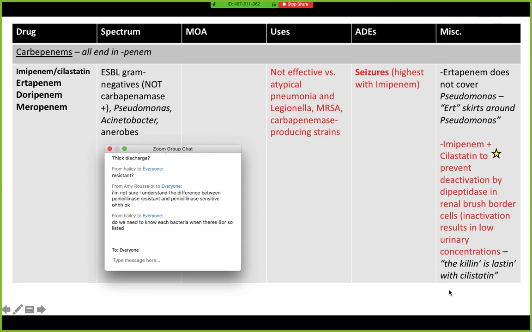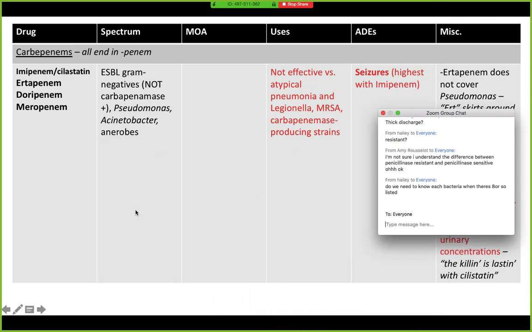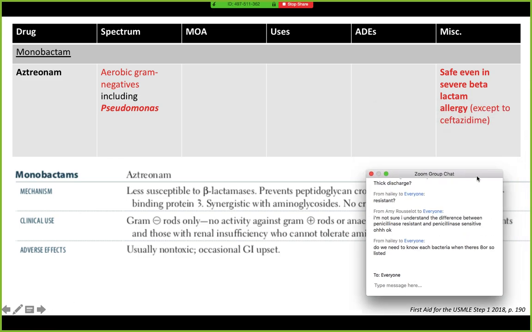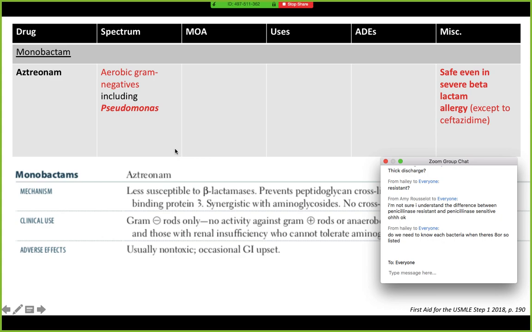A common way to remember this is that the kill in is elastin with cilastatin, so imipenem can keep killing the bacteria. Okay. Aztreonam: the most important fact is that it's one of your anti-pseudomonal agents.